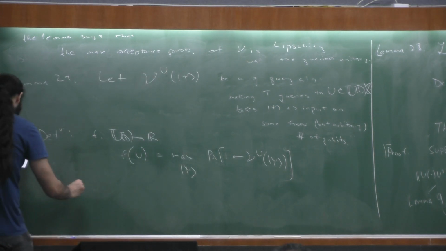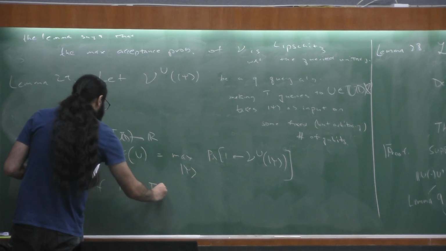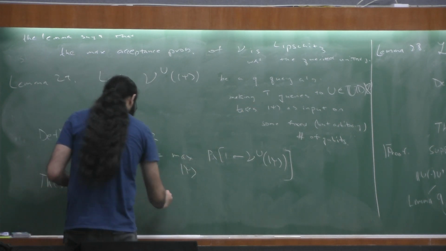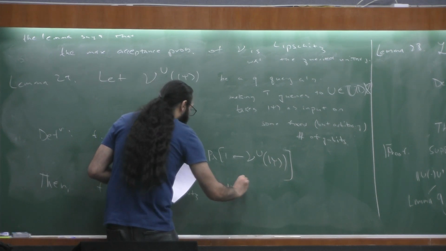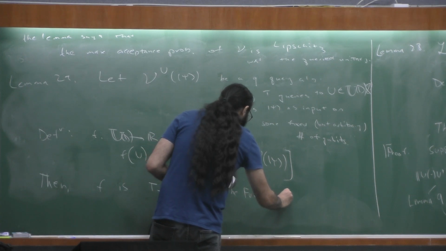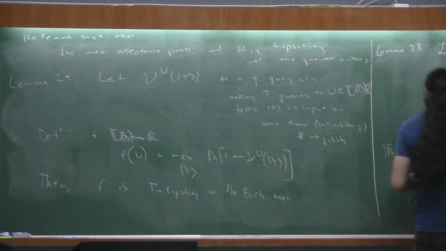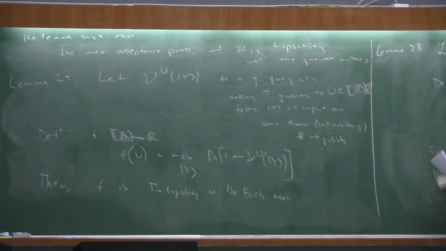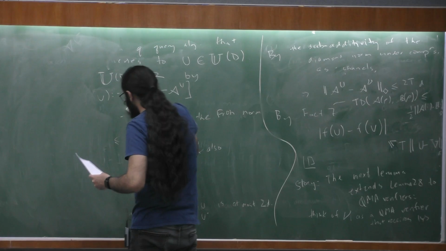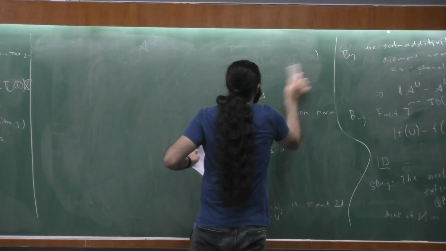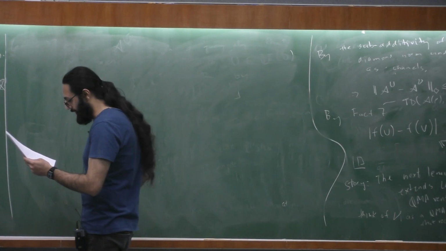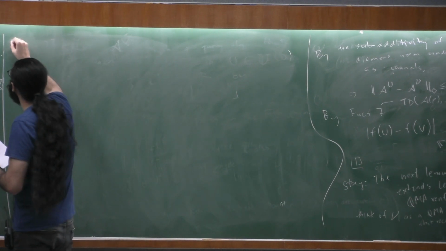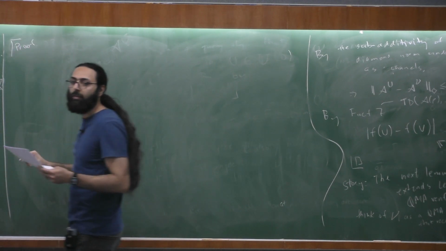So if you do this, we'll see that f, t being the number of queries, is going to be t-Lipschitz in the Frobenius norm. Okay. All right. Is the statement okay?